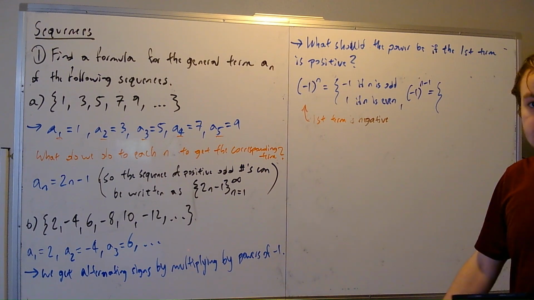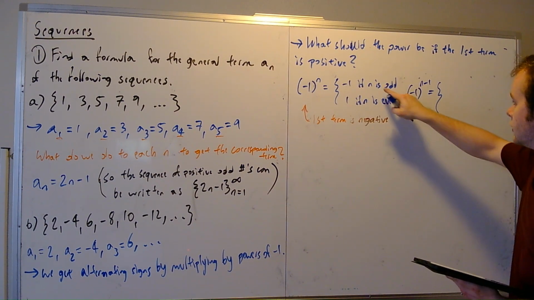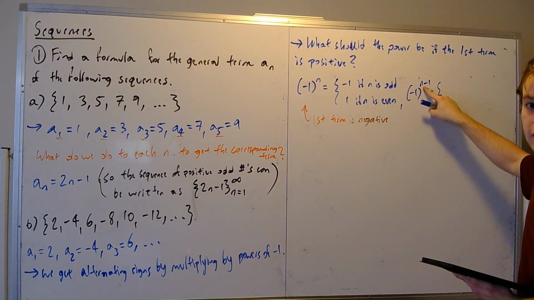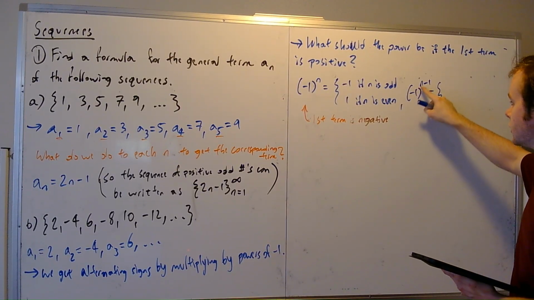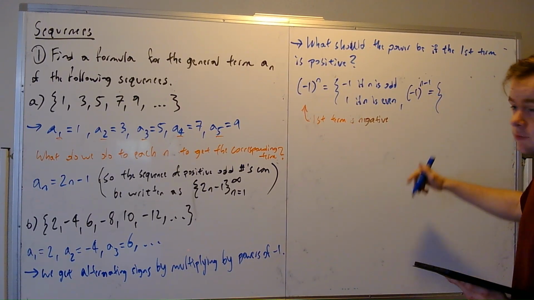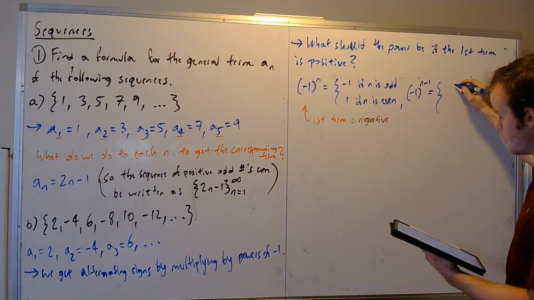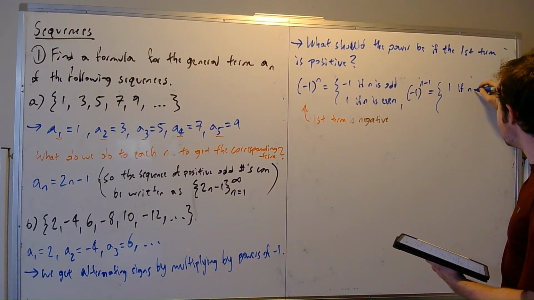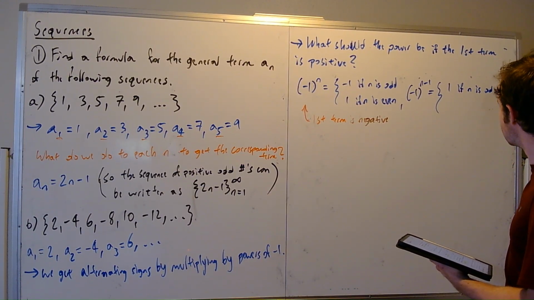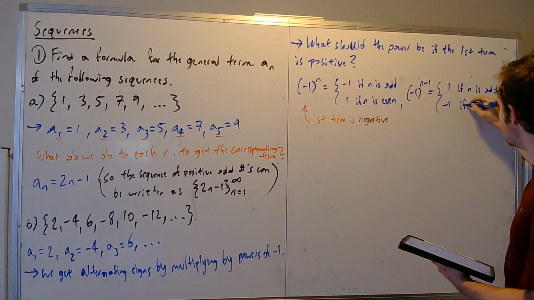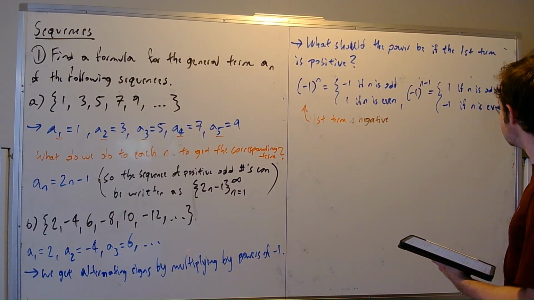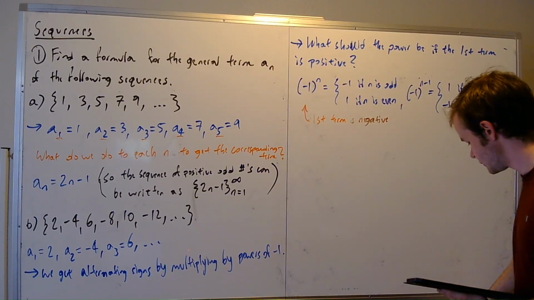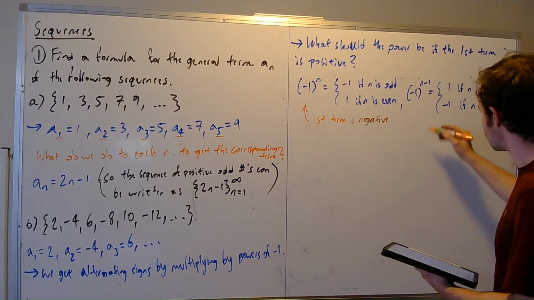So if we have this formula instead, then if n is odd, if you plug in an odd number here, you're actually going to get, so odd number minus 1, that's even, so we're going to get +1 if n is odd, and -1 if n is even. Okay. So here are the first term.